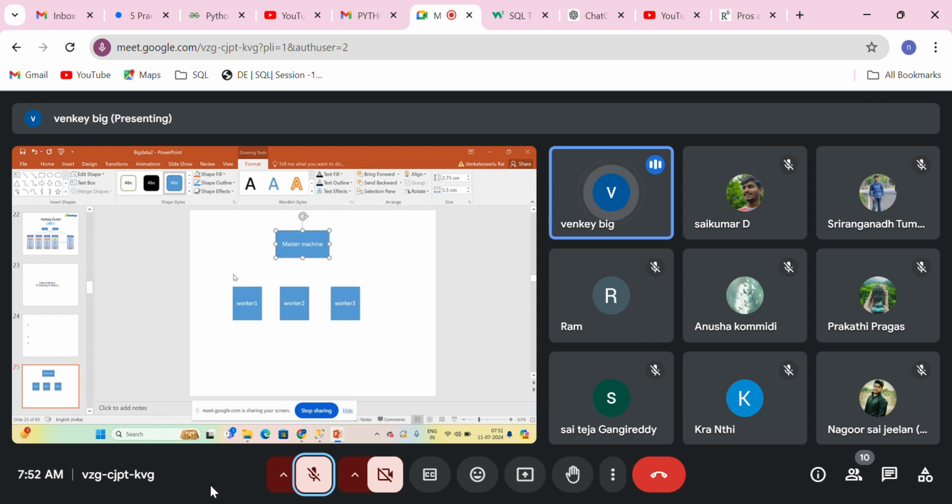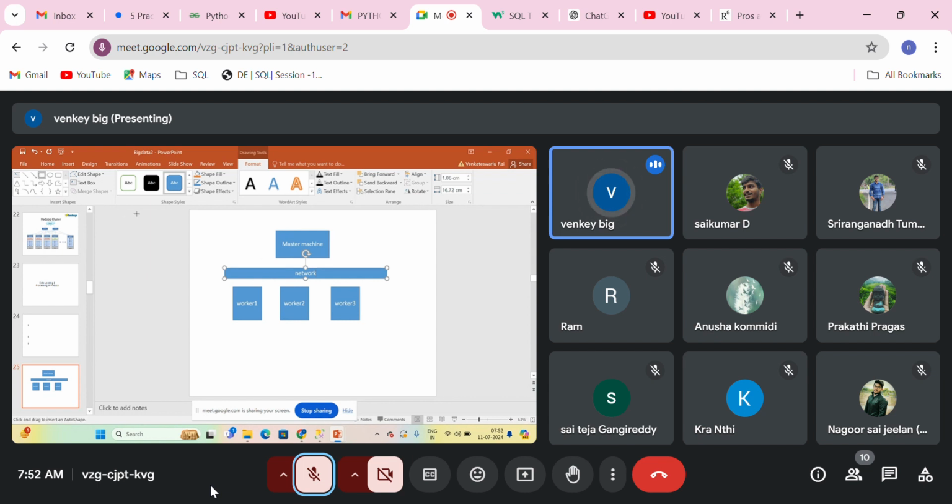Now all these machines are connected in a single network. When we connect multiple machines in a single network, and we form a group of machines, then we call that a cluster.